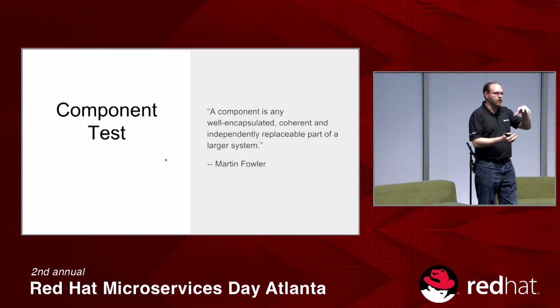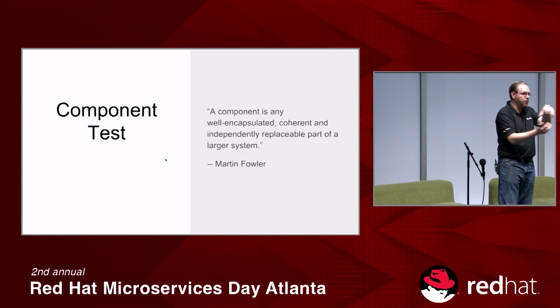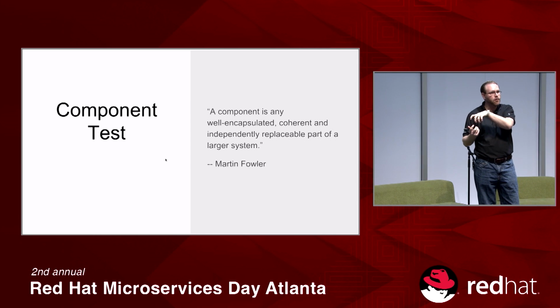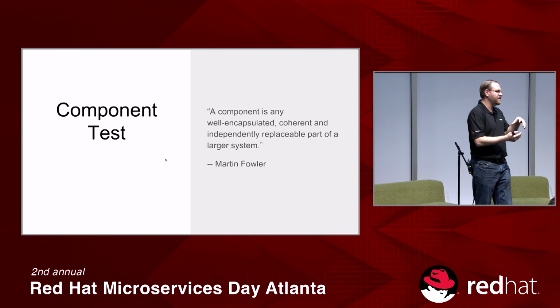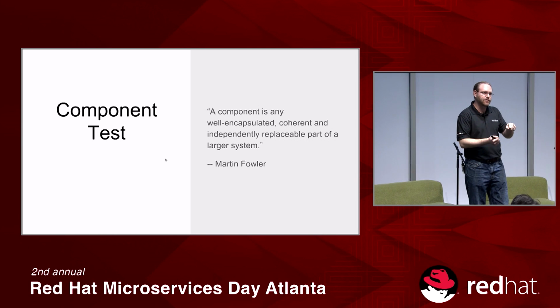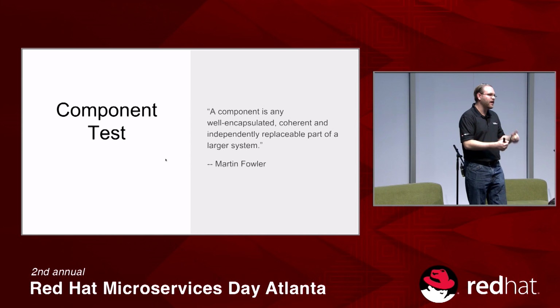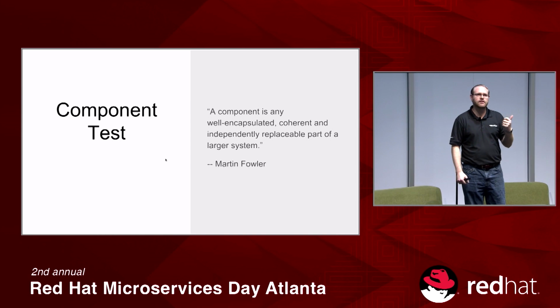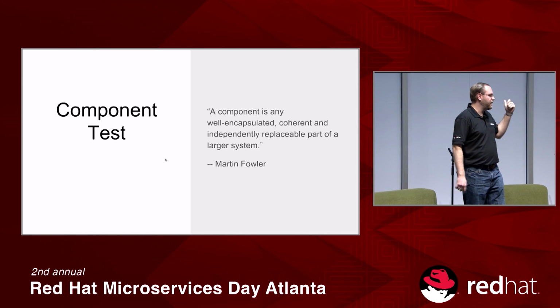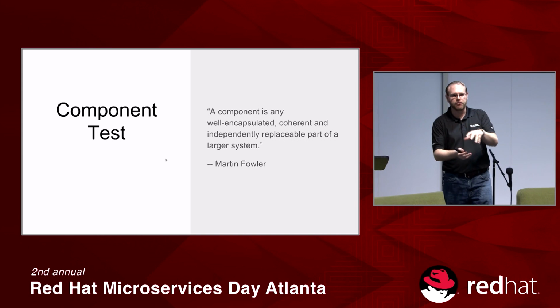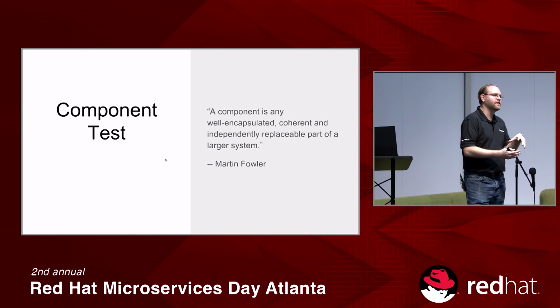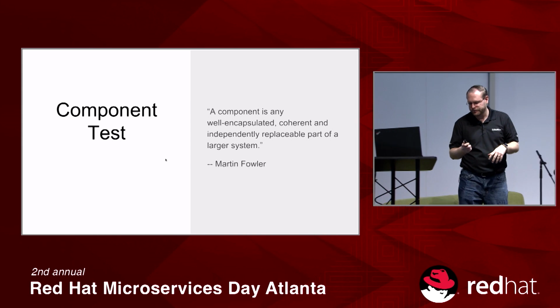So the idea of a component: if I can take it and pull it out without really affecting a whole lot, or if I can stub the whole thing, that's a component. If your database is something that you can pull out and replace very easily, great. If it's the logging mechanism, if it's our D&D generator, whatever it is that actually creates attributes, you can pull that out, you can replace it easily. That's a component. So we're going to be testing components.